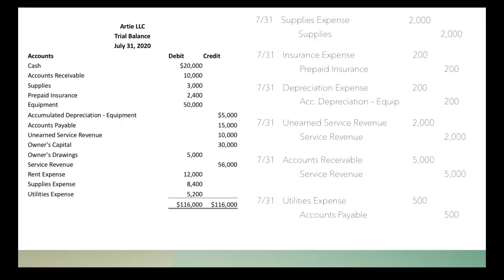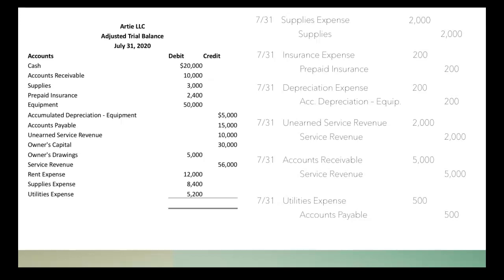Well, if we look on our trial balance, it says that we have 3,000. So what we need to do is we need to make an adjusted trial balance. So all this is a trial balance with the new updated balance numbers. It's set up the same sort of way. We just need to update these amounts.